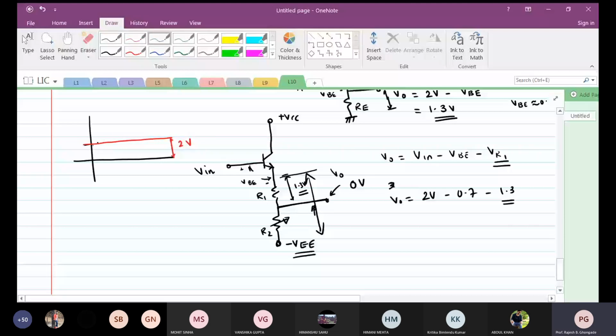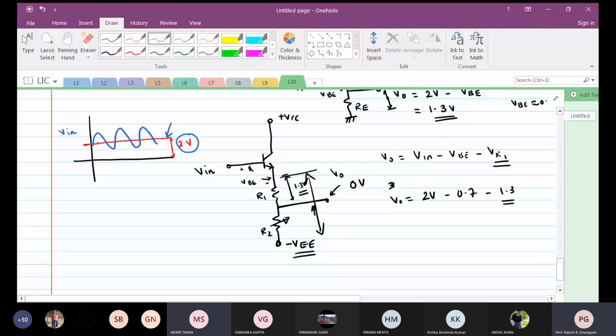And I want to get rid of this. This is your V in. So this arrangement will make sure that this 2 volt offset is completely removed. Are you able to understand this?